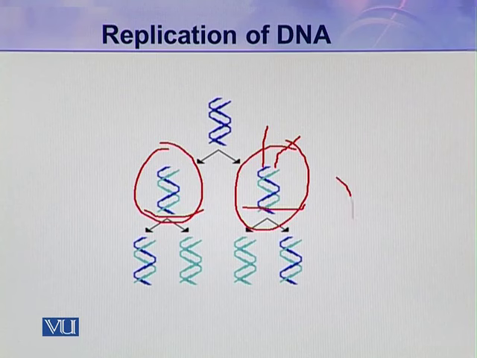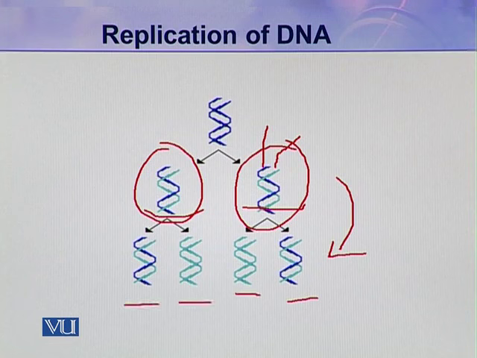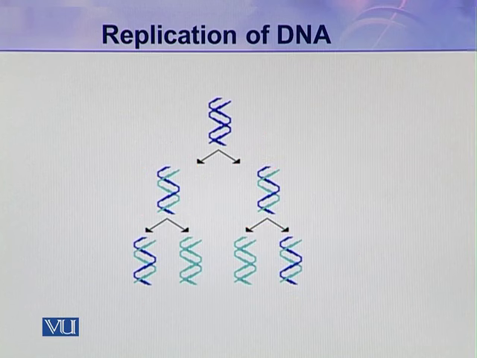Similarly, in the next cycle of replication, again in this duplex, one strand is parental and one is newly synthesized. Similarly, in all these DNA molecules, one strand is parental and the other one is newly synthesized. So this is called semi-conservative replication.